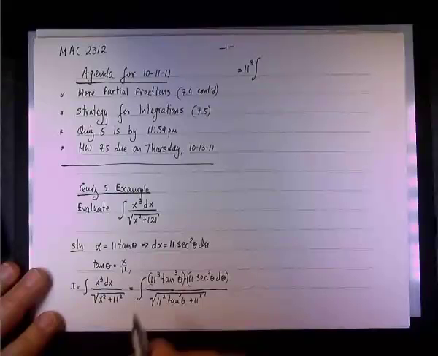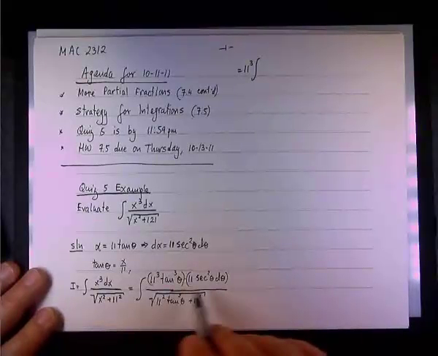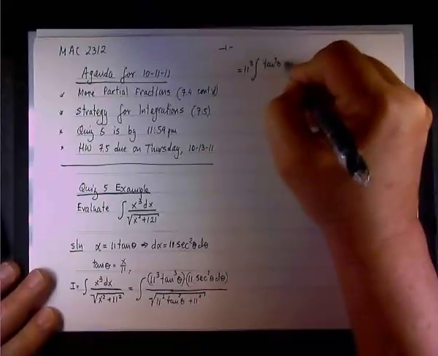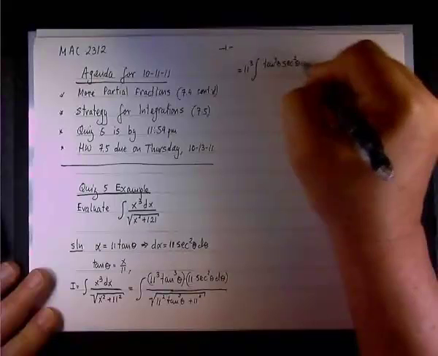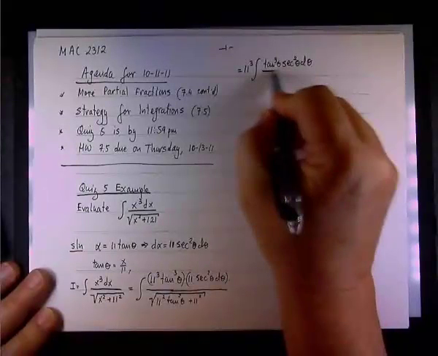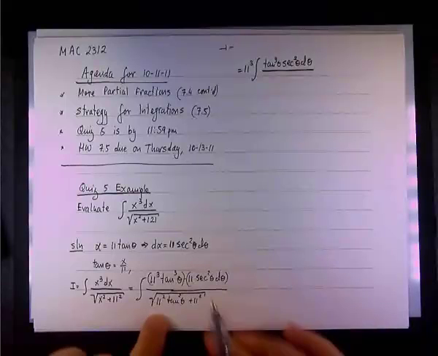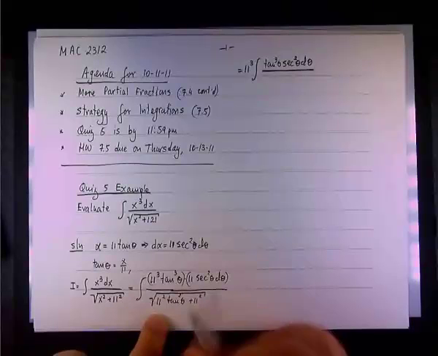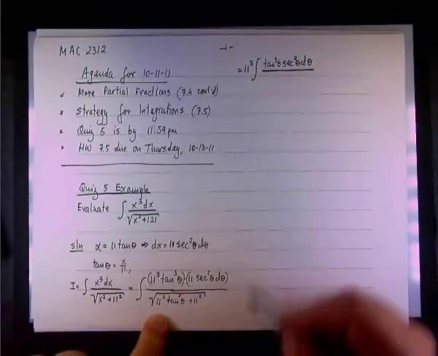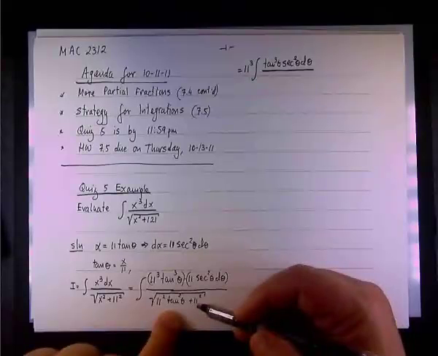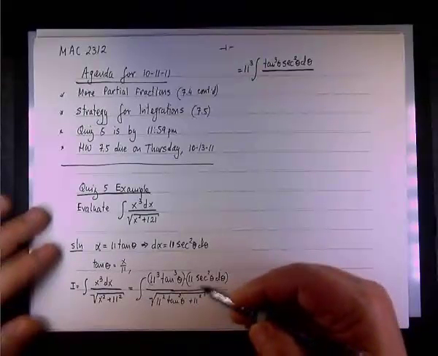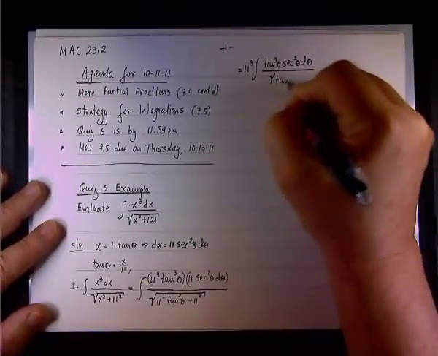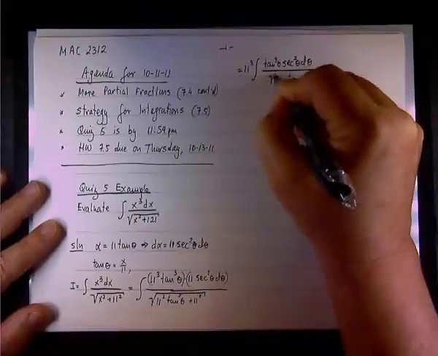So I'm going to take it outside the integral, and what I have left is the tangent cubed times the secant squared d theta on top, and at the bottom, doing it mentally, factor out the square root of 11 squared, which is 11, and reduce it with this 11. So we took care of that, and what we have left is the square root of tangent squared plus 1. I might as well go ahead and write it, although this is something you can do mentally.